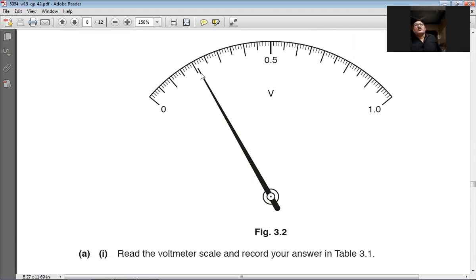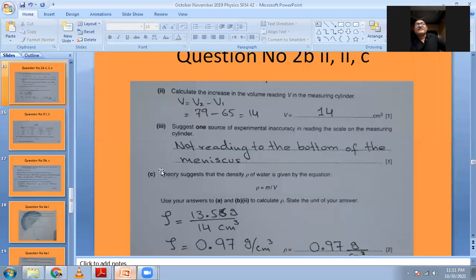Sorry, this is 0.1, this is 0.2, so this is 0.3, 0.4. So this reading is basically 0.21. So the reading is 0.21, and I will record this in the table.